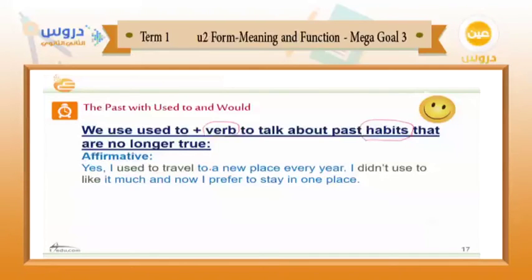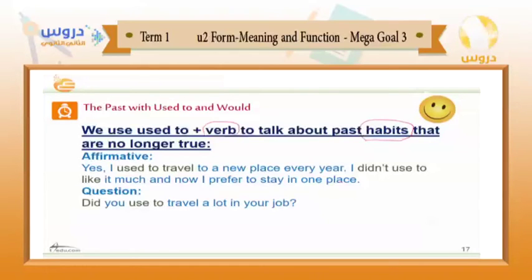He used to travel to new places. Now he's not traveling. In the past he didn't used to like it much, and now he prefers to stay in one place. To make a question, we can say, did you used to travel a lot in your job? So in questions we start with did and we remove the d from used. And the answer of course will be yes, I used to travel, or no, I didn't used to travel.